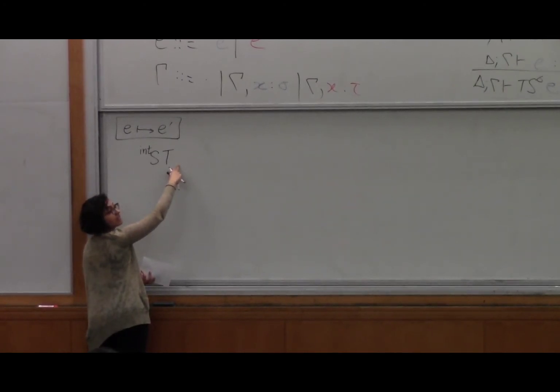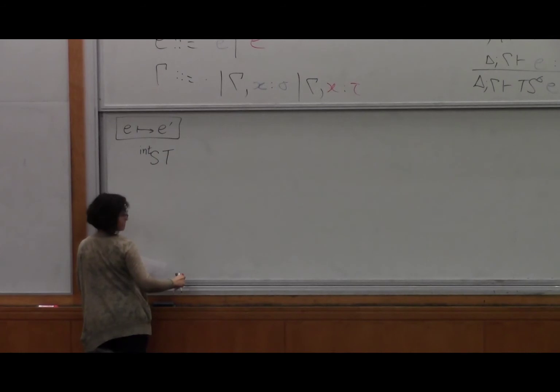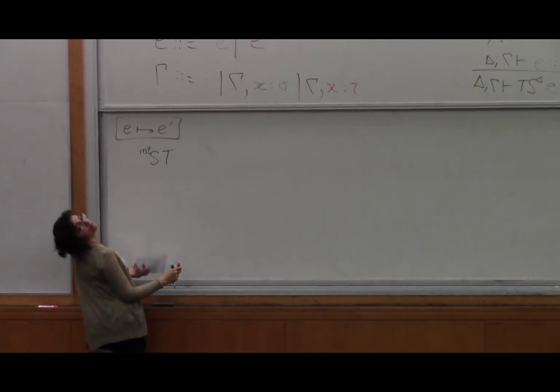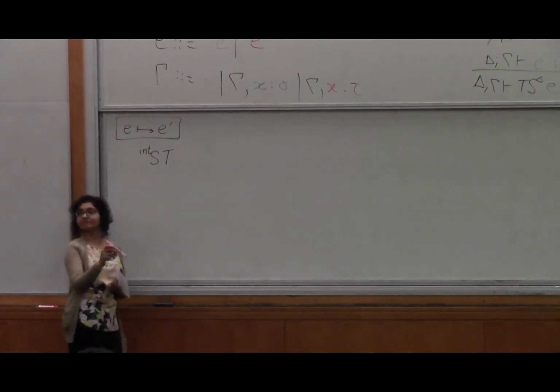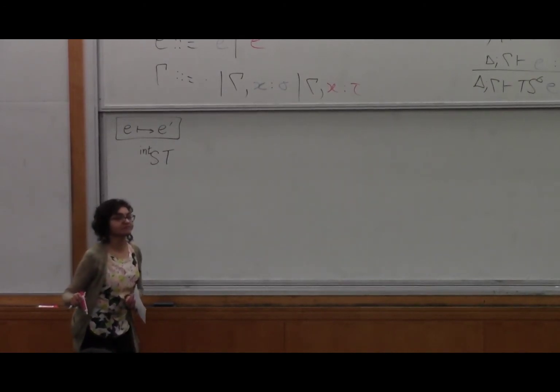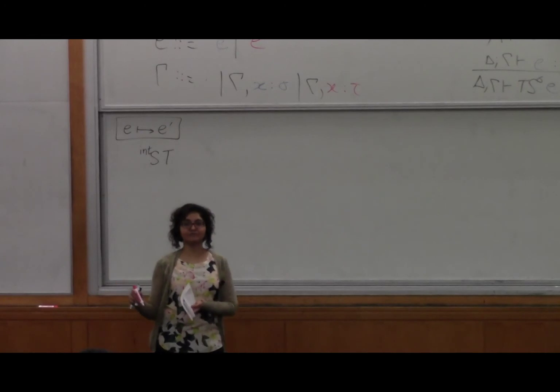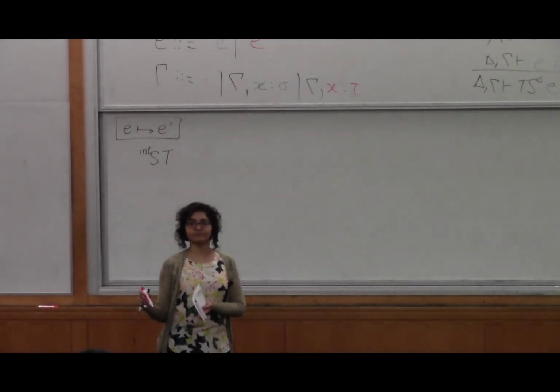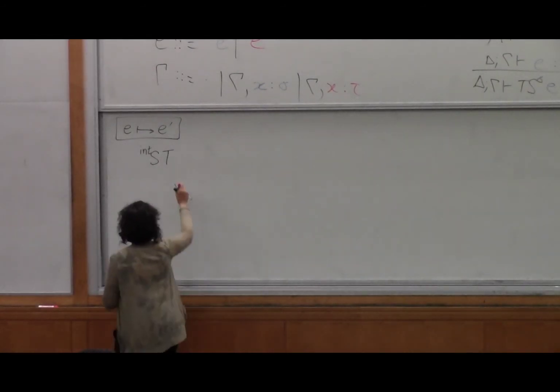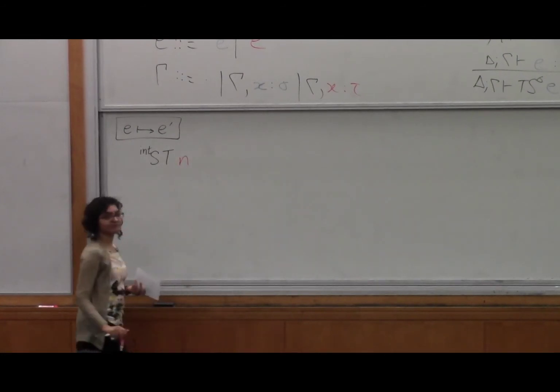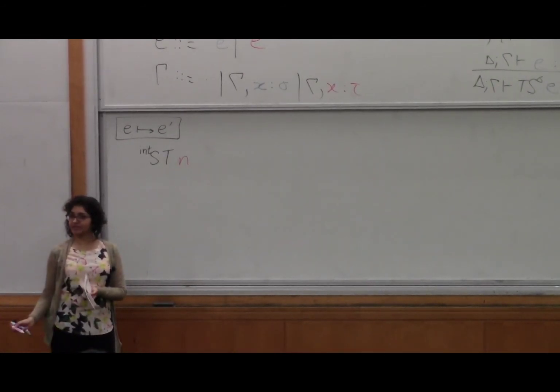So what is the shape of that value? What red values have type red int? What is the canonical value form for integers? Numbers. N. Okay? That's what I have.